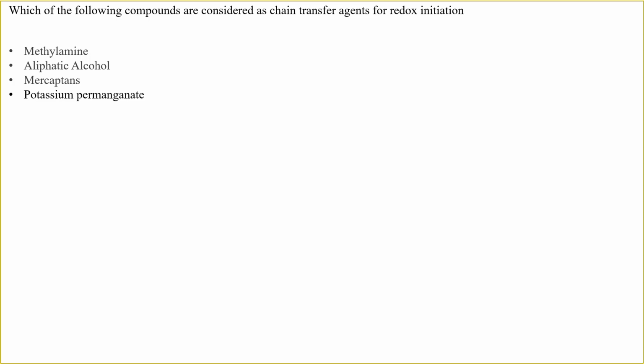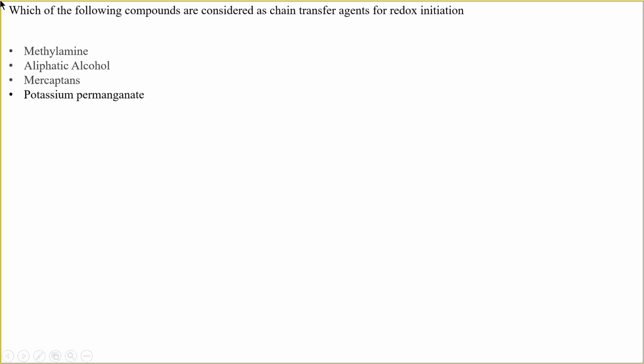Chain transfer agents are agents which transfer the activity of a propagating chain to another chain. This is required when you want to control the rate of polymerization and the molecular weight of the polymer formed. It is a very good way to control it, as you won't let the chain propagate to a very high molecular weight, and you can just transfer the activity to another monomer.